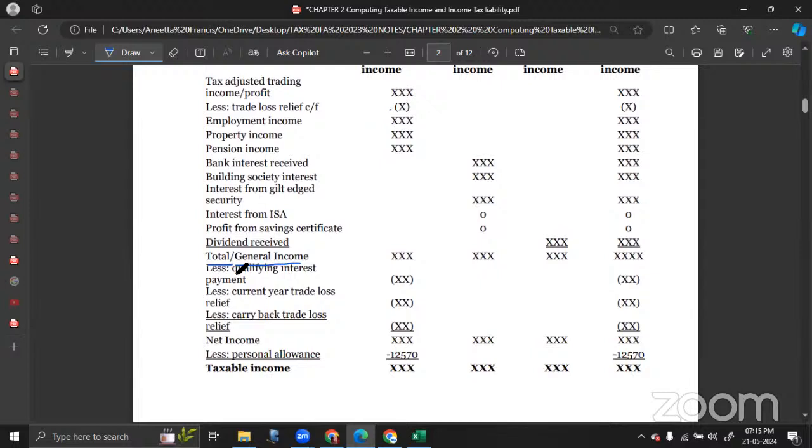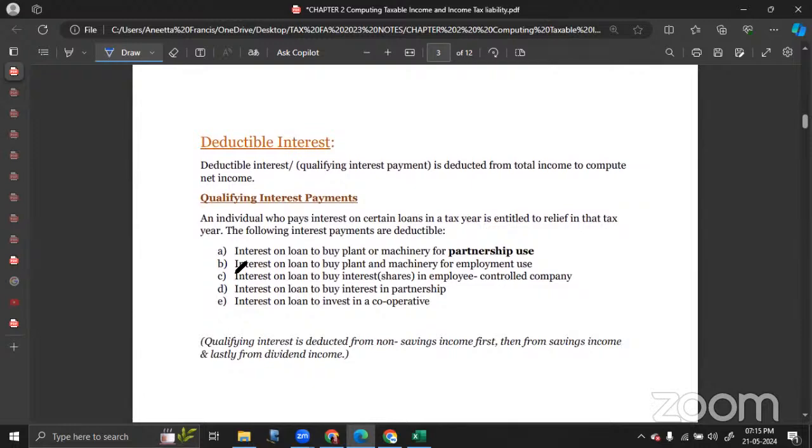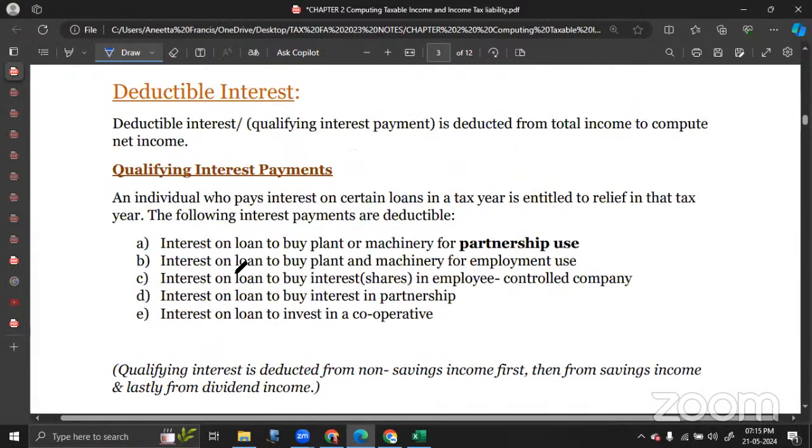From this we have to deduct qualifying interest payment. Qualifying interest payments are interest payments on certain types of loans. So what are the different types of loans on which the interest payment is deductible? Interest on loan to buy plant and machinery for partnership use, interest on loan to buy plant and machinery for employment use, interest on loan to buy shares in an employee controlled company, interest on loan to buy shares in partnership and cooperative society.